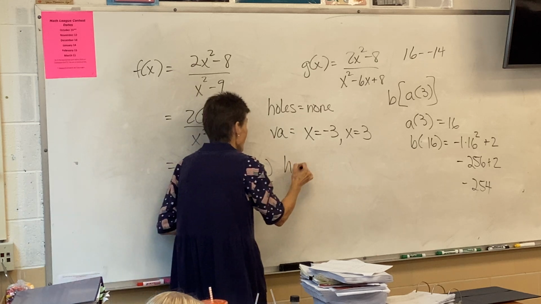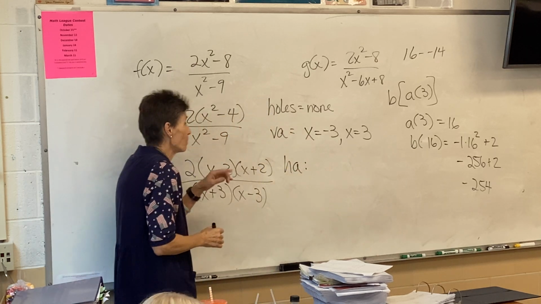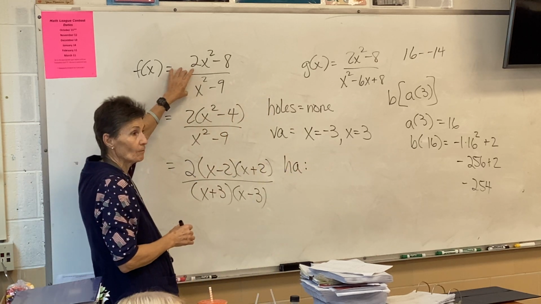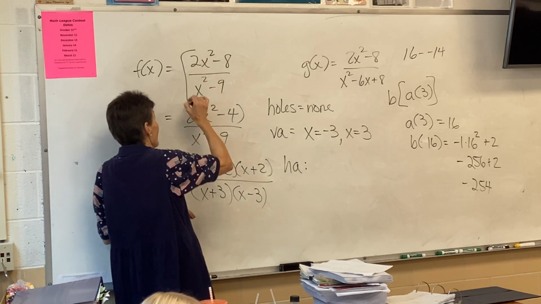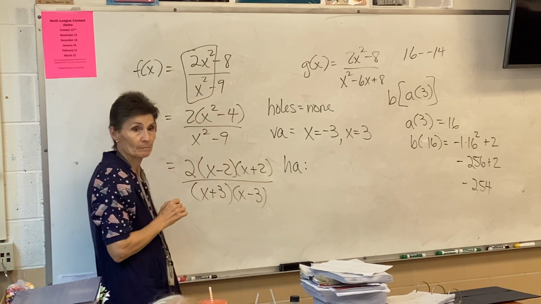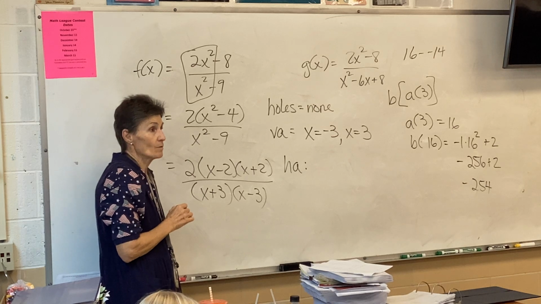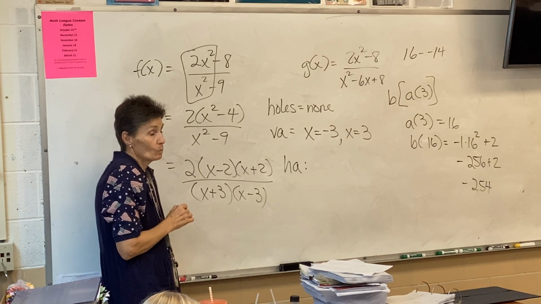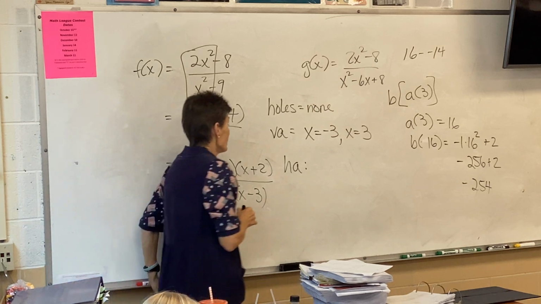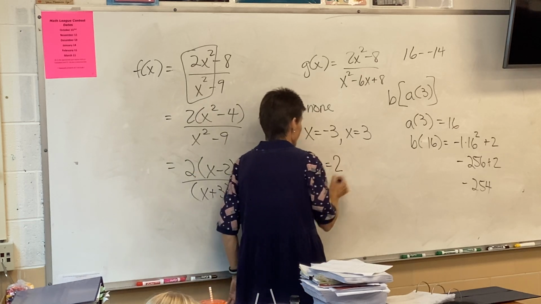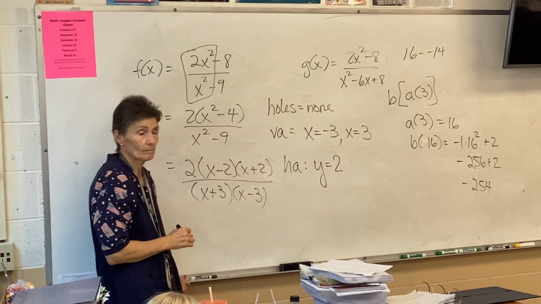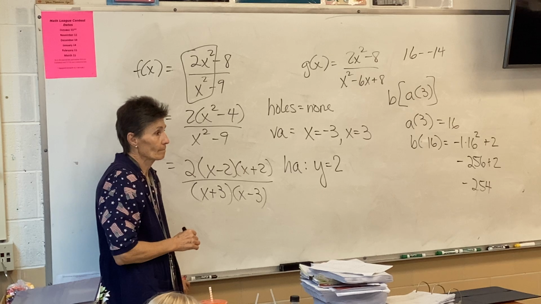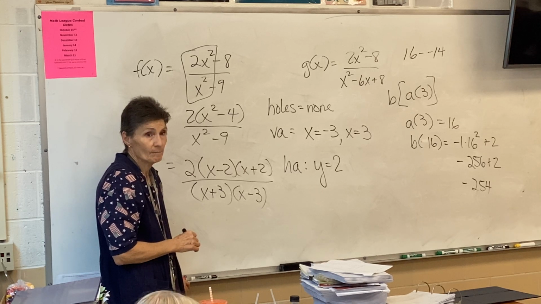And then my horizontal asymptote, go back to the original, it's easier to tell from the original, because I can box these in. So that's 2 over 1, which is 2. So my horizontal is y equals 2. All right, is that okay with everybody?